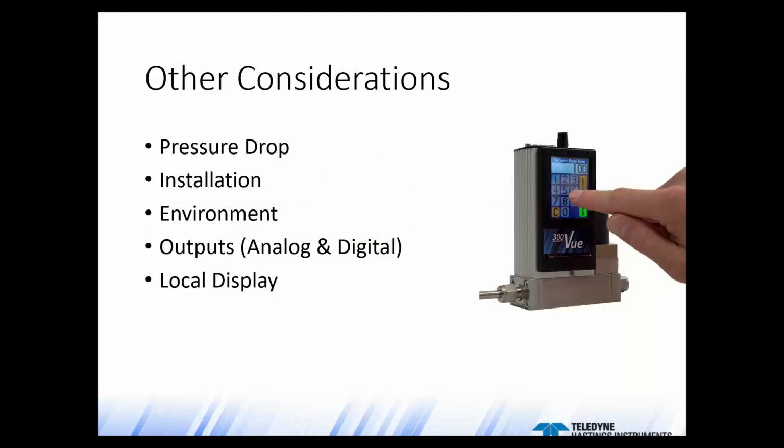Okay, now that we know how to get at the correct size of flow meter, let's talk about some of the other considerations when selecting a model. We often work with customers that want to minimize the pressure drop across the flow meter. And this usually comes down to the method of flow conditioning that we use on the inlet side of the flow meter.